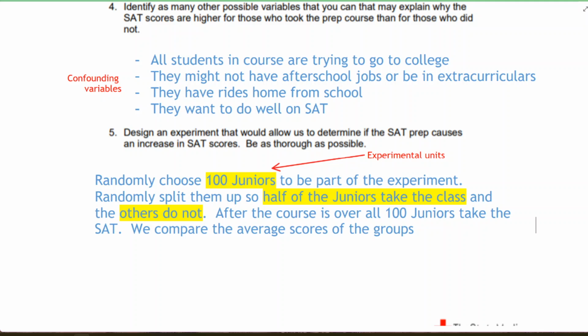This corresponds directly with what we were saying, where we had one explanatory variable in two different levels. In the two different levels, therefore, we have two treatments. The treatments then are: half the juniors will take the class, or treatment 1 will be taking the class, treatment 2 will be not taking the class. And then the average scores is going to be the response variable for this experiment.